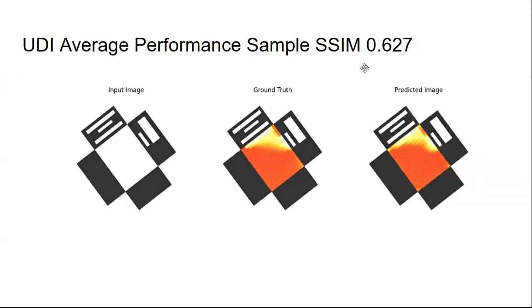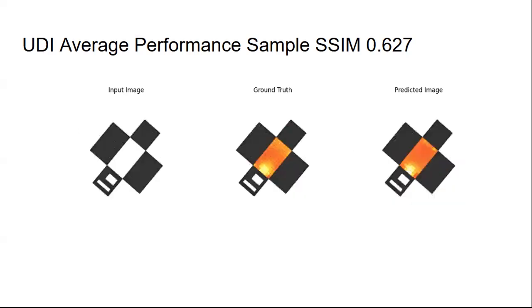So we're just trying to give you some examples of what 0.627 means in our predictions. As you can see, the predicted image looks very similar to the ground truth, although there are some variations over here and here. But you can see that even the corner details and also the overall trend have been well captured. Same as this example.